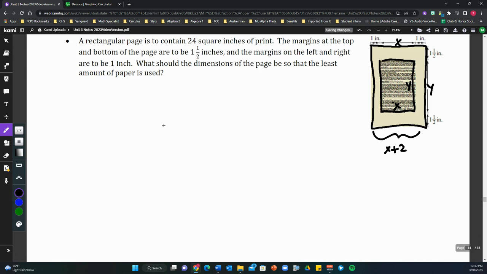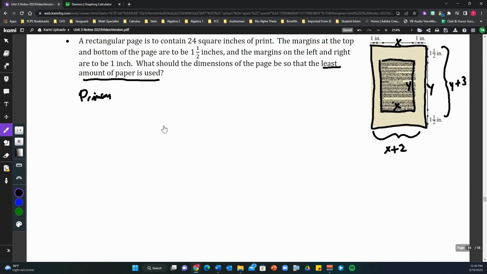And then 1.5 inch margins on top and bottom make this side y plus 3. We do have to be careful here because both of these are rectangles, so we have to be careful which one we are trying to maximize or minimize. In this case, we're looking for the dimensions of the page so that the least amount of paper is used. The paper is the outer rectangle, so that's the quantity we are looking to minimize.